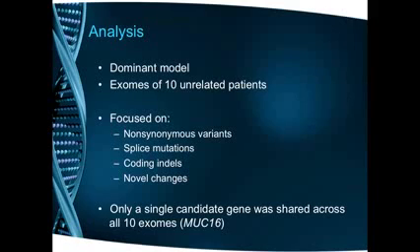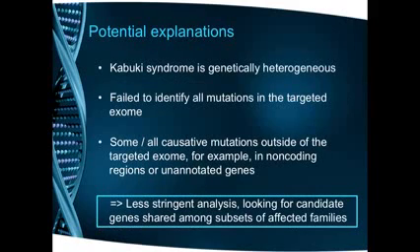They actually thought, well, maybe it is genetically heterogeneous, and the 10 patients that we have don't all have mutations in the same gene, or the mutations are just not located in the targeted exome, so they couldn't find them there. They could also be in between genes or deeply in the introns.